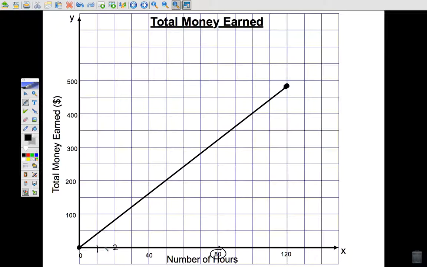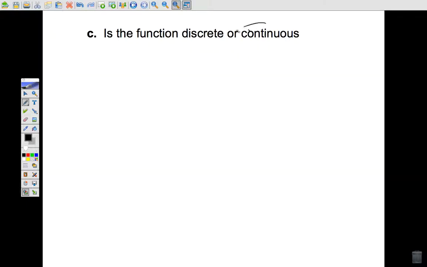You can work a half an hour, you can work 15 minutes, you should get paid for every minute or however they want to do it, but you don't just get paid on the hour mark, okay? That wouldn't be fair if you worked an hour and a half, but they wouldn't pay you anything in between here. They only pay you this and this. Then no one would do that extra half an hour of work. So it's continuous, okay?